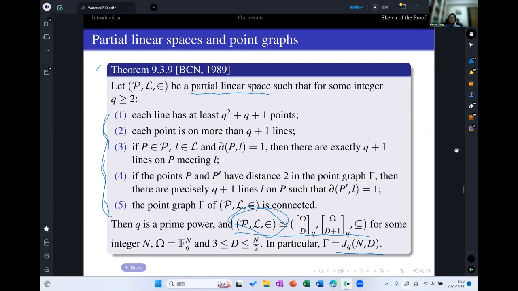Because if we want to classify the q-polynomial distance regular graphs, we consider the diameter large enough. Okay.